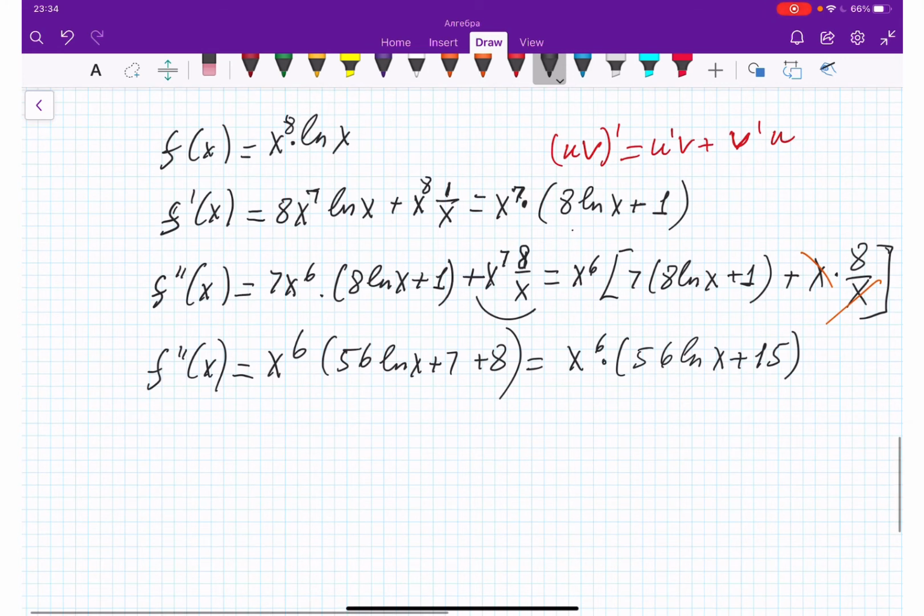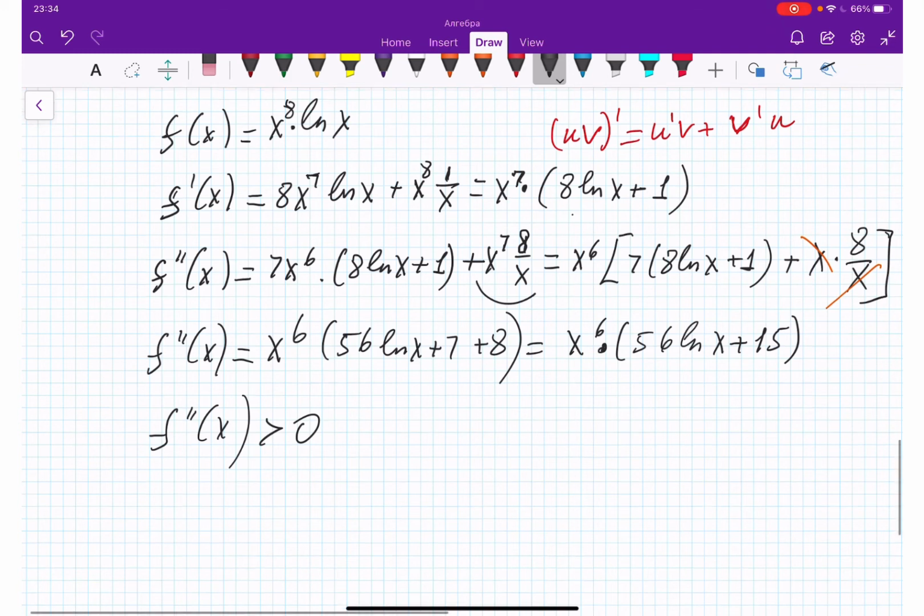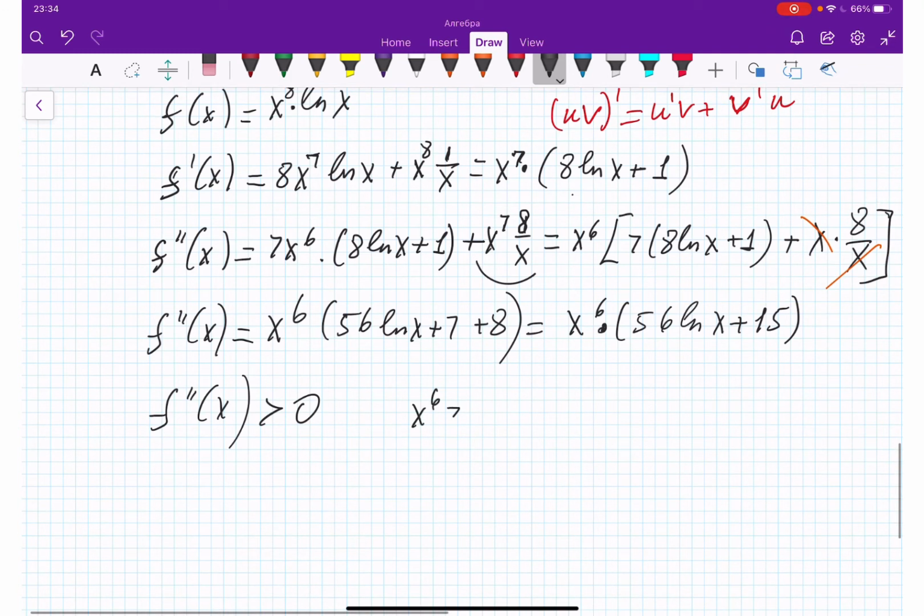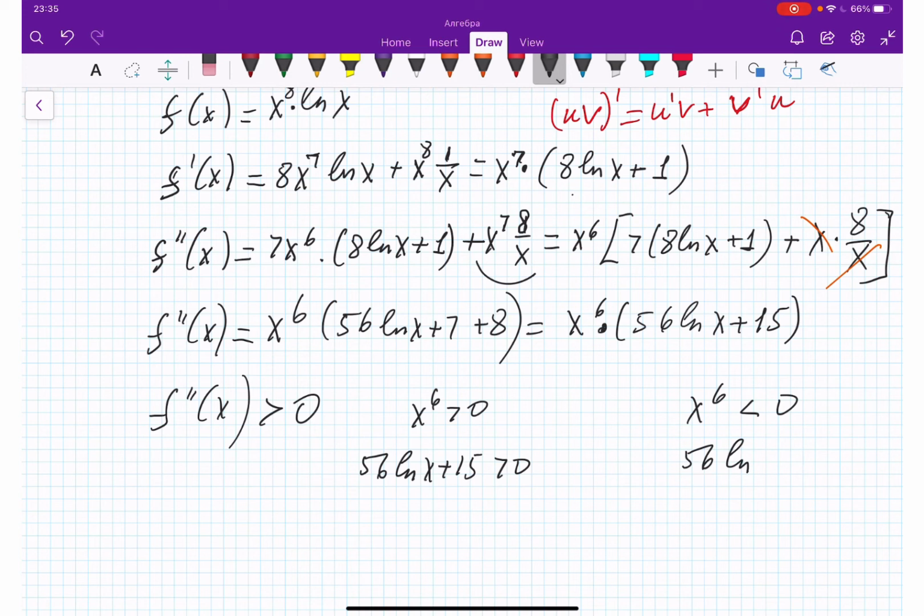We have a product. So to check the second derivative for concavity up, which means it has to be positive, we have to get either both of these terms positive, right? x to power 6 greater than 0 and 56 natural log x plus 15 greater than 0, or both have to be negative, less than 0.